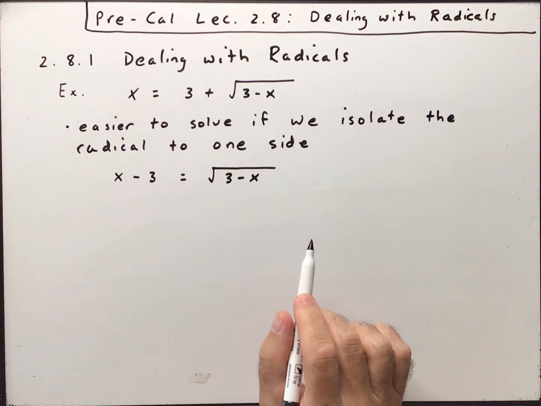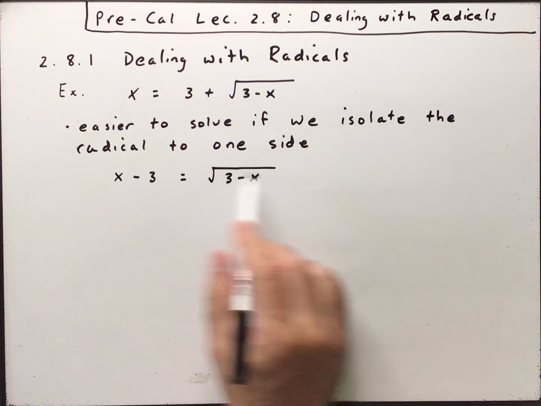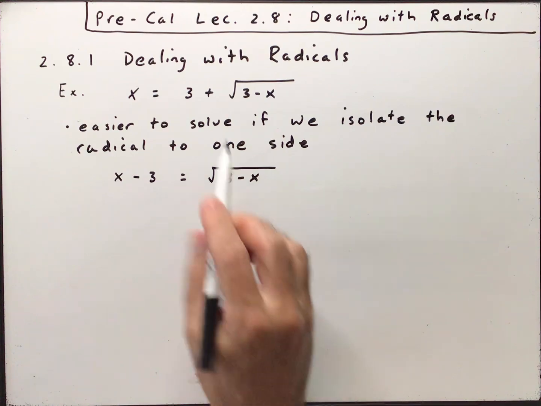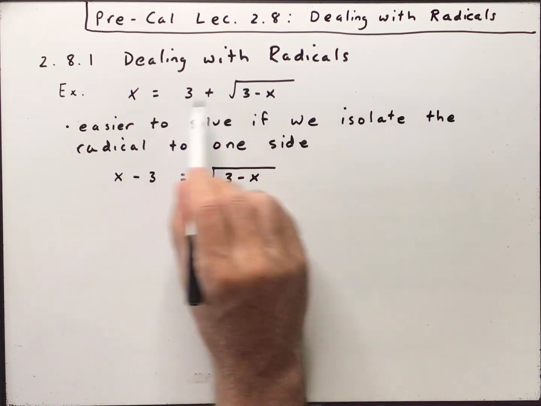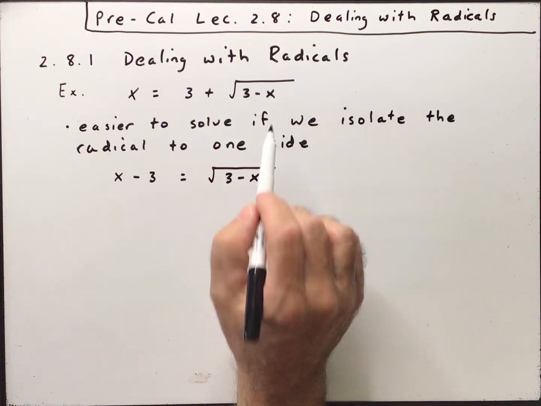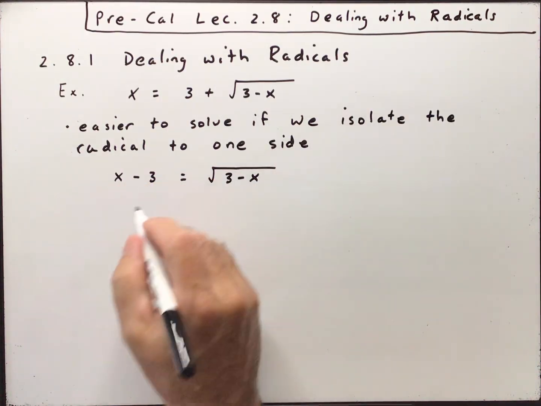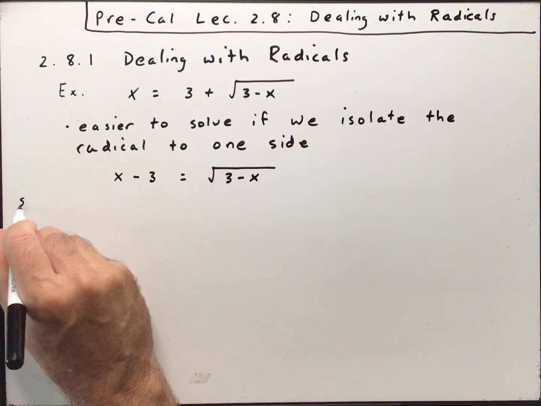Now when we square both sides, we end up lifting the radical. If you didn't do that and you squared this term, when you FOILed it out, you would end up still with radicals. So we want to square both sides.